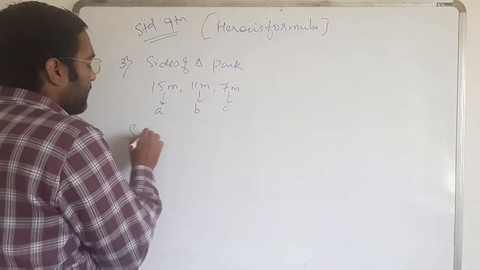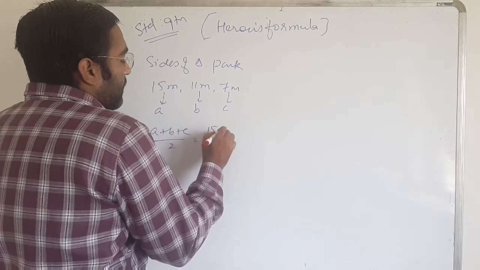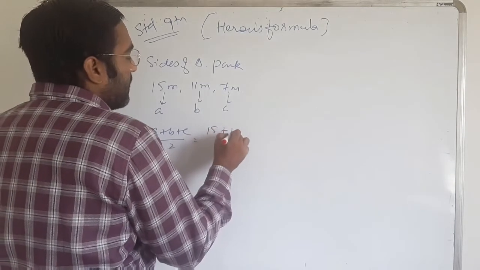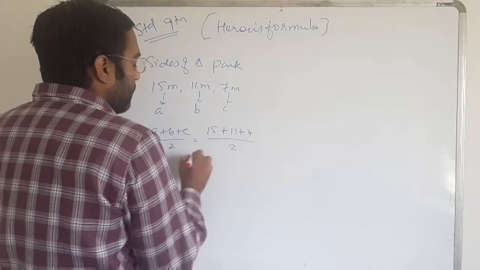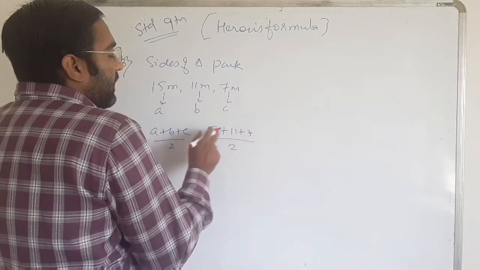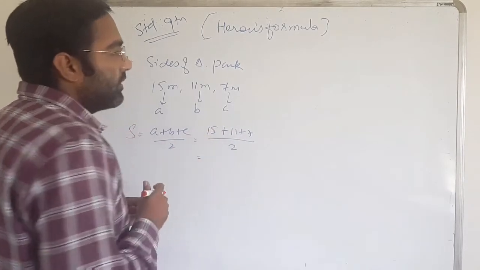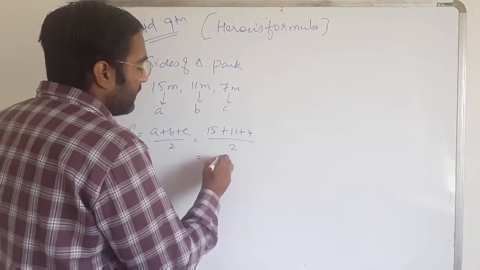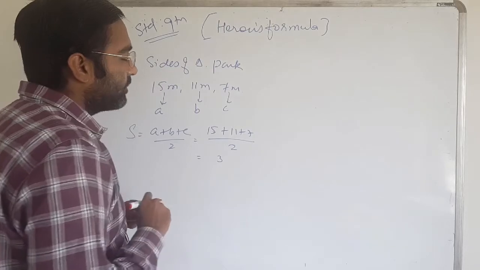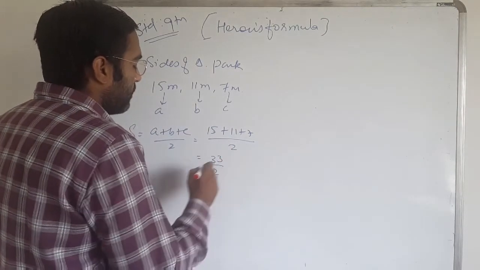First of all we have to find the semi perimeter, a plus b plus c by 2. So 15 plus 11 plus 7 by 2. 7 plus 1 is 8, 8 plus 5 is 13, 1 carry 1, 2, 3, that is 33 by 2.